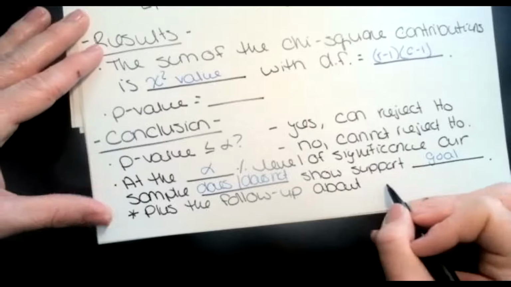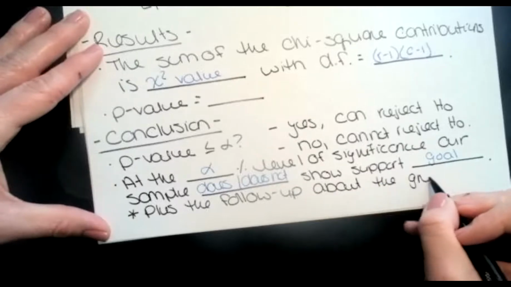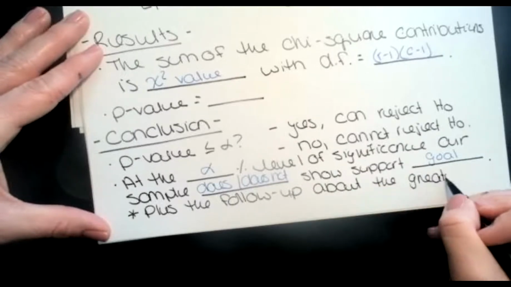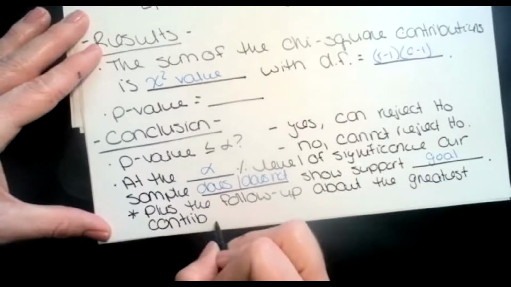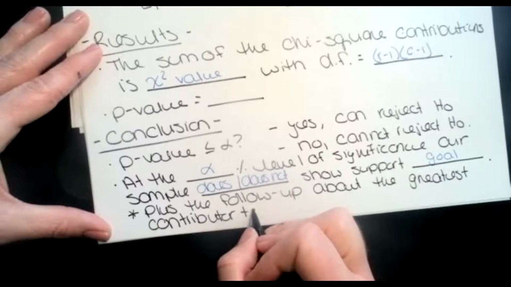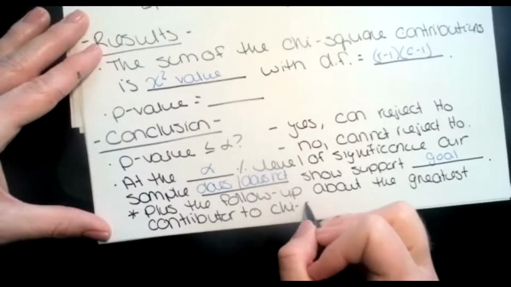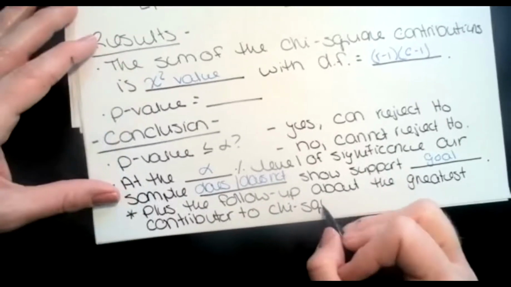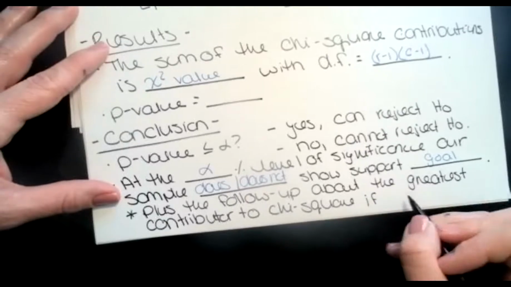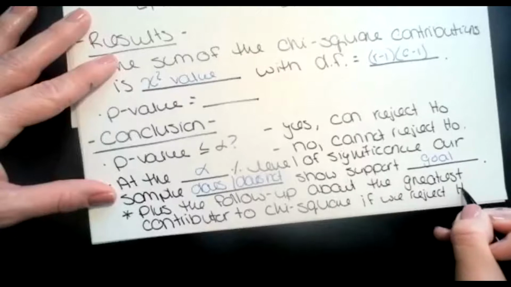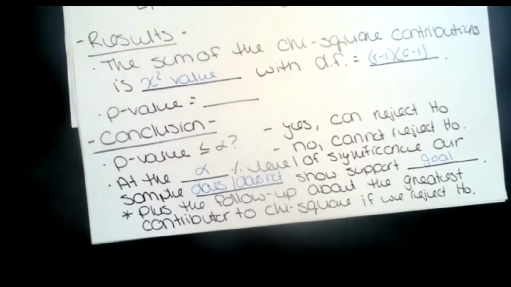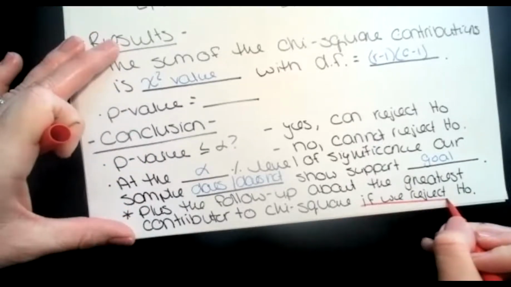about the greatest contributor to chi-square, my value up here, if we reject the null hypothesis. So remember, this is only if we reject the null.